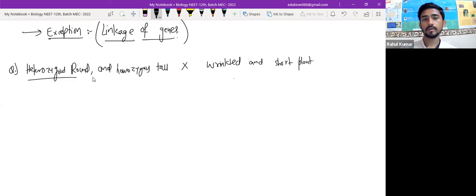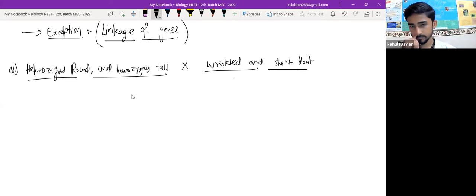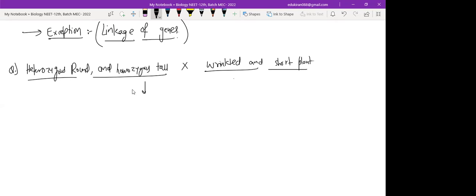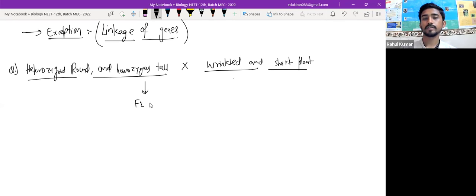Heterozygous round and homozygous tall plant was crossed with wrinkled and short plant. Okay. If this is a parent generation, tell me in the F1 generation, what will be the genotypic and phenotypic ratio?